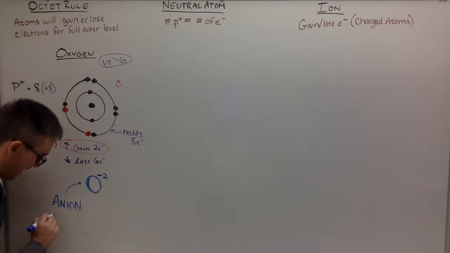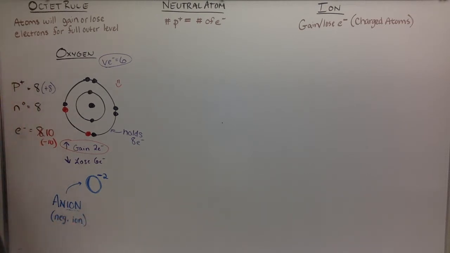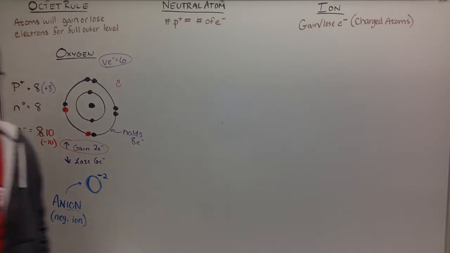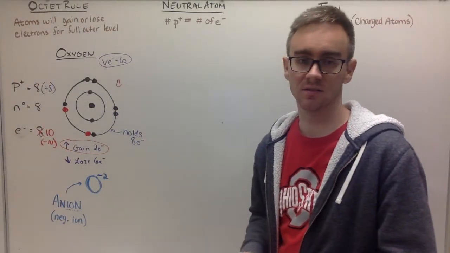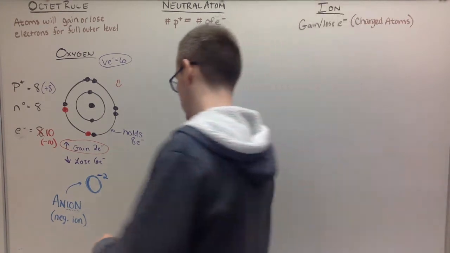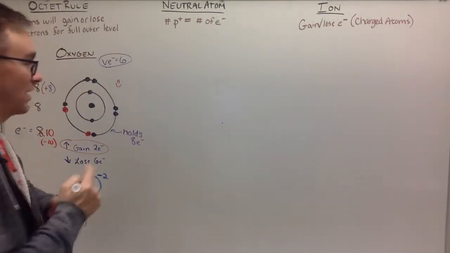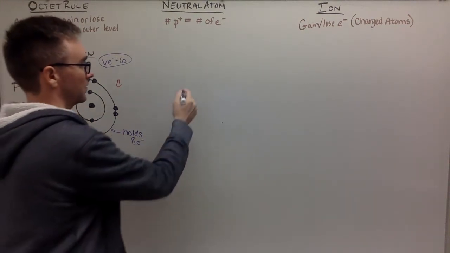It's an anion, which just means a negative ion. So we have oxygen now as an anion because it's gained electrons. All right, let's try another one, because seeing this a couple times and then practicing, it can be a little confusing at first, but the more we do this, the better it gets.